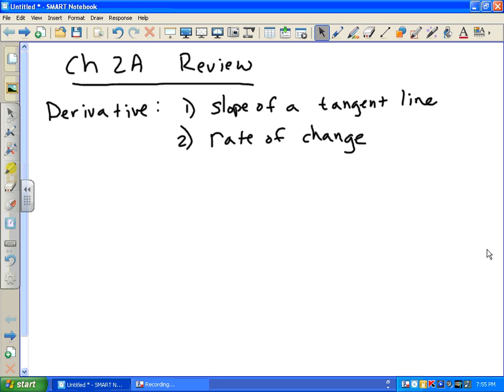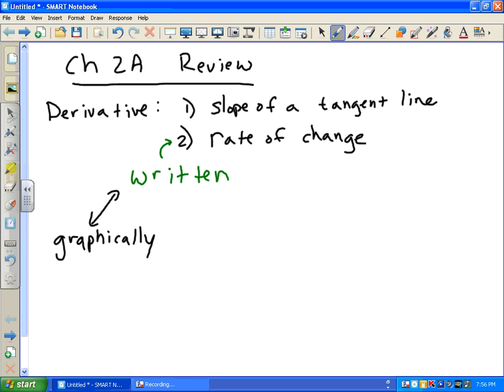When we talked about derivatives, we talked about them in 4 different ways. We described derivatives with the written word, and when we did so, we referred to it as the rate of change. We described derivatives also graphically.